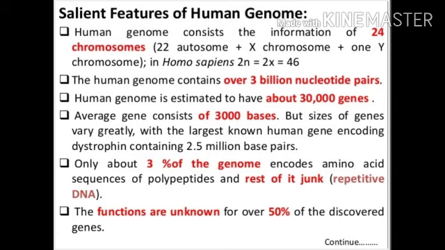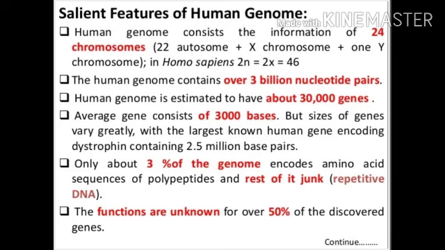The human genome is estimated to have about 30,000 genes. The average gene consists of 3,000 bases, but the size of genes varies greatly, with the largest known human gene encoding dystrophin, which consists of 2.5 million base pairs.